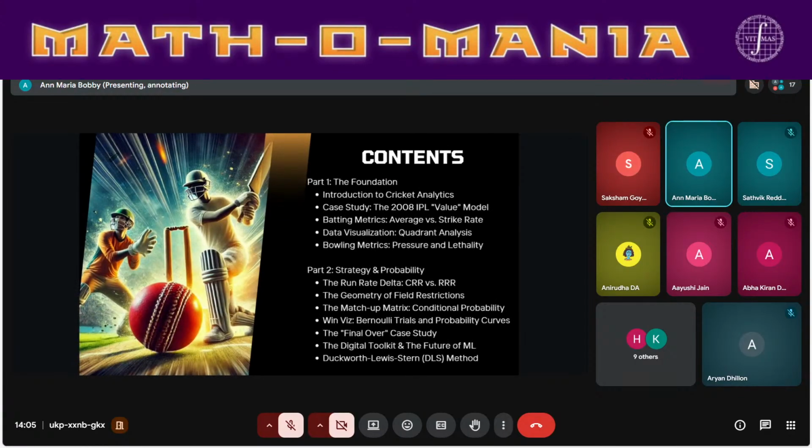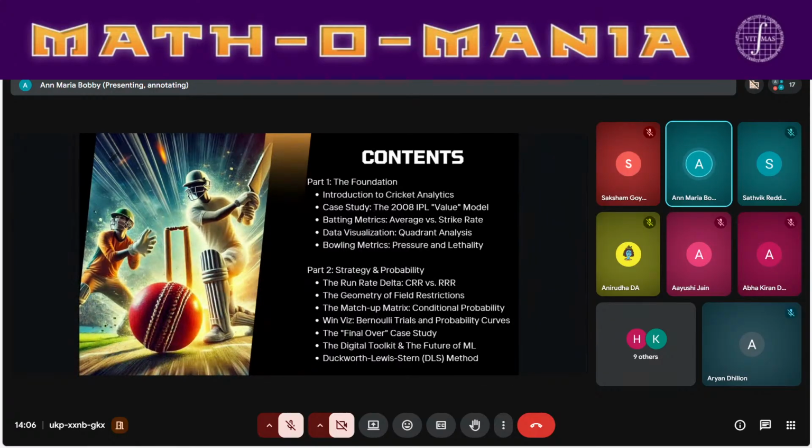These are the topics which we are going to cover in this workshop. Part one is the foundation: introduction to cricket analytics, case study, the 2008 IPL value model, batting metrics, average versus strike rate. Then comes data visualization, quadrant analysis, and lastly bowling metrics, pressure and lethality.